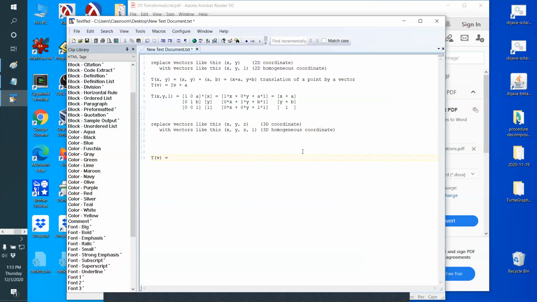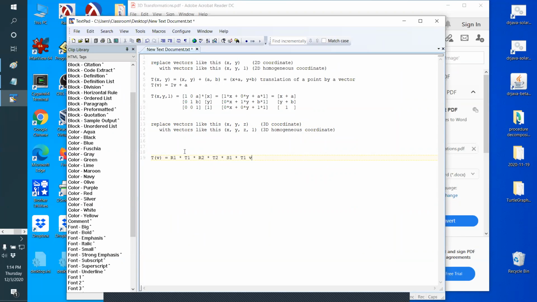Suppose there's a rotation followed by a translation, followed by another rotation, followed by another translation, followed by a scaling, followed by a translation. Okay, suppose that's what I was doing to the vector v.